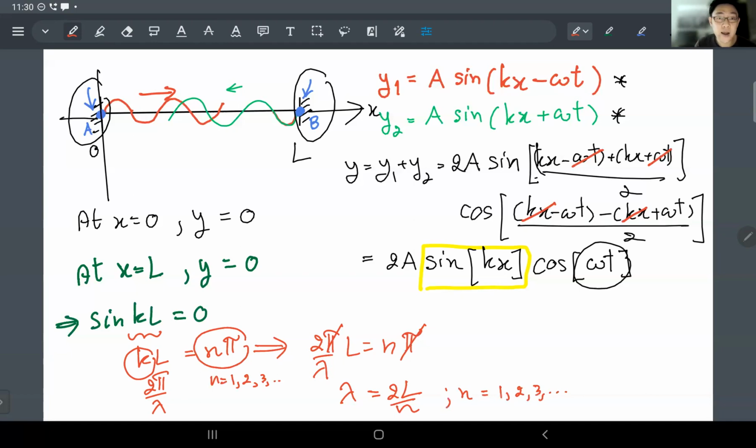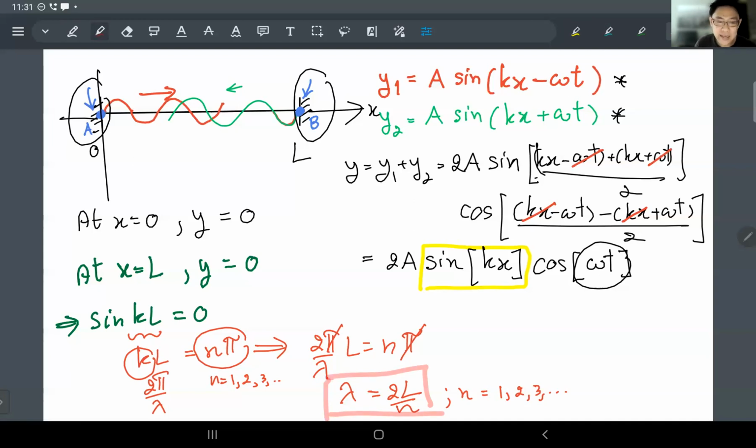So this is the final result. It turns out that if and only if you are going to have the wave traveling inside this system, you have to meet this condition. The wavelength has to have some particular values only, guys. Isn't that cool? I don't know if you call it cool or not.